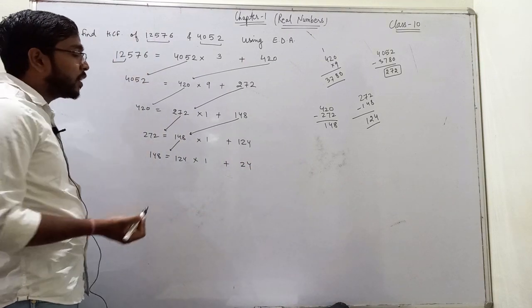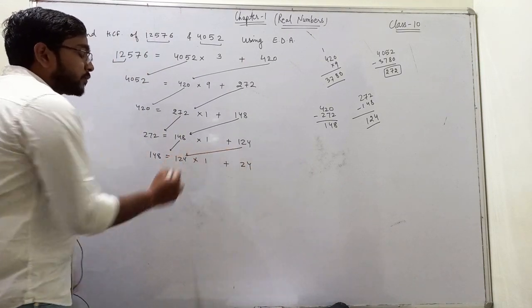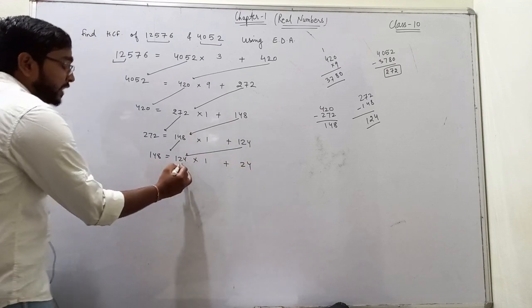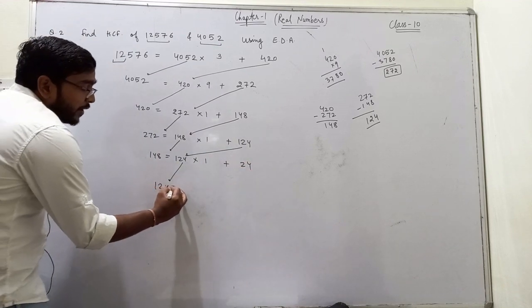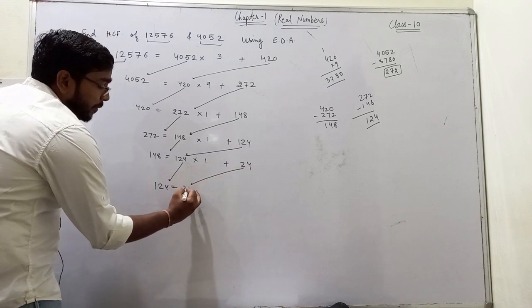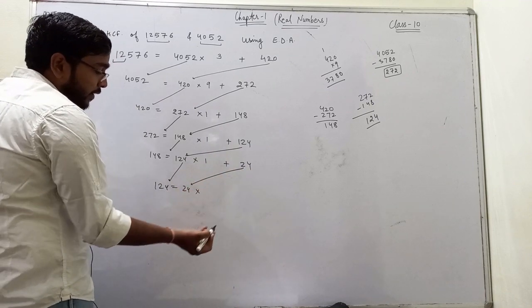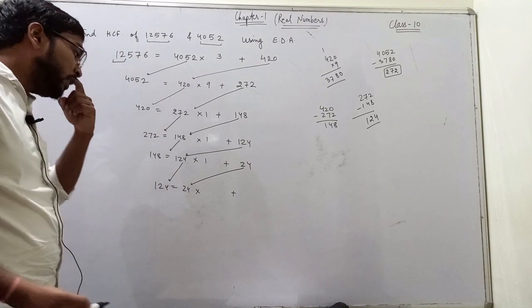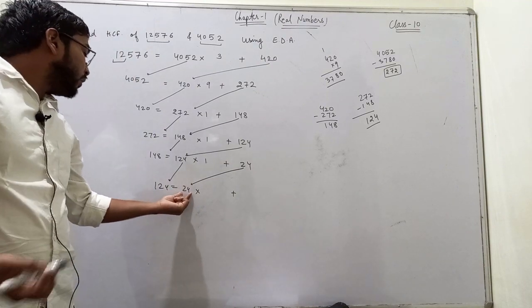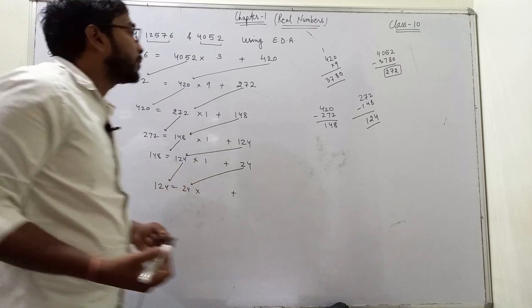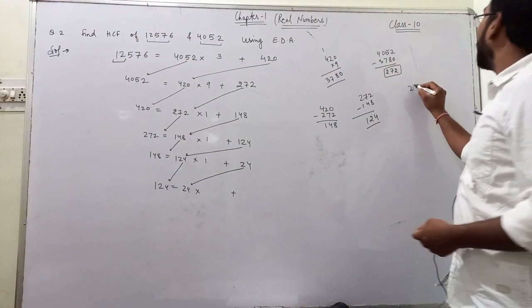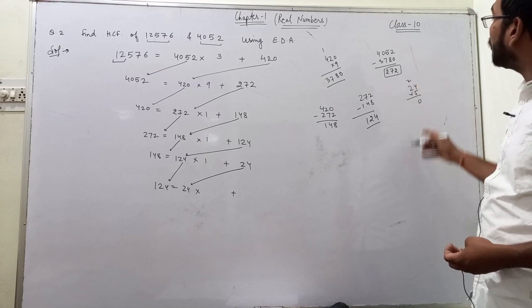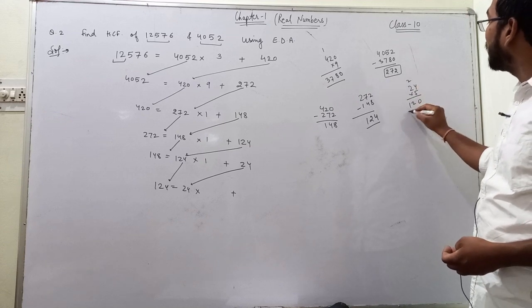Again the same thing, it is a non-zero remainder, so we will do the same thing. 124 will come here, 24 will come here, and multiplied by something will result in some remainder. Now we know that if I divide 124 by 24, it will go 5 times. 5 fours is 20, I can carry 2, 5 twos are 10, and 10 plus 2 is 12.